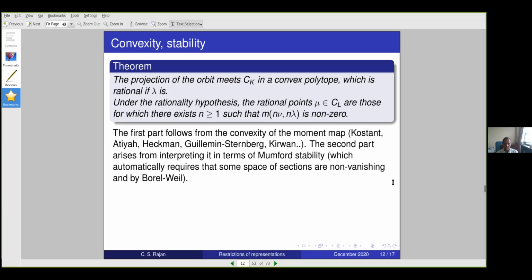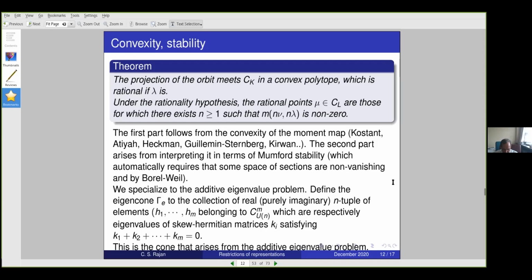The first part, that it's a convex polytope, follows from the work of many people. The second part, when you work with the convexity and the coadjoint moment map, you can interpret it in terms of Mumford stability, which automatically says some space of sections are non-vanishing, and by the Borel-Weil theorem, you get this. But let me just specialize to the additive eigenvalue problem.